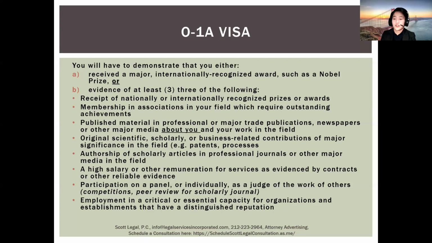The next criterion: original scientific, scholarly, or business-related contributions of major significance in the field. One thing that could be very important in collecting evidence under this category is getting testimonials from experts in your field. Really, what they are looking for is what you have contributed to the field over and beyond what is being done, the status quo.